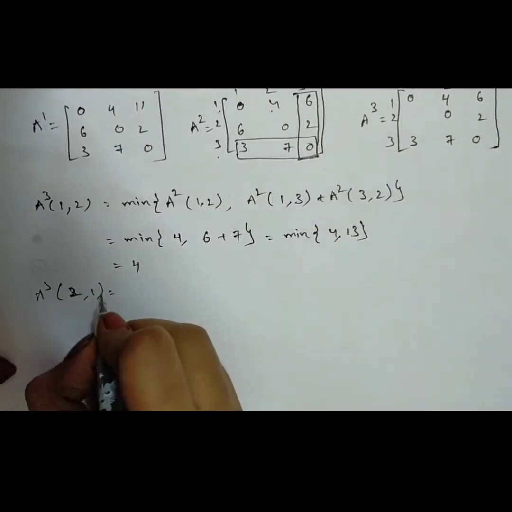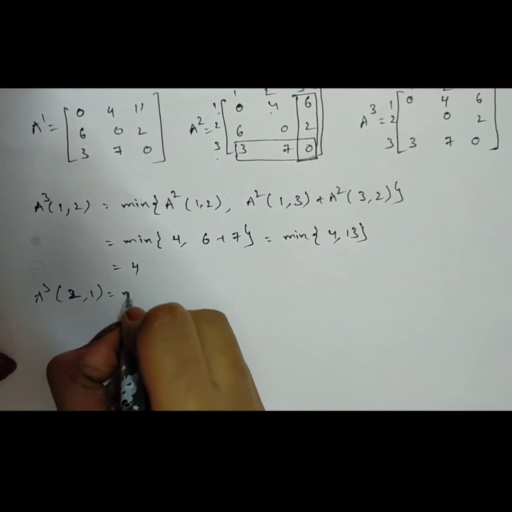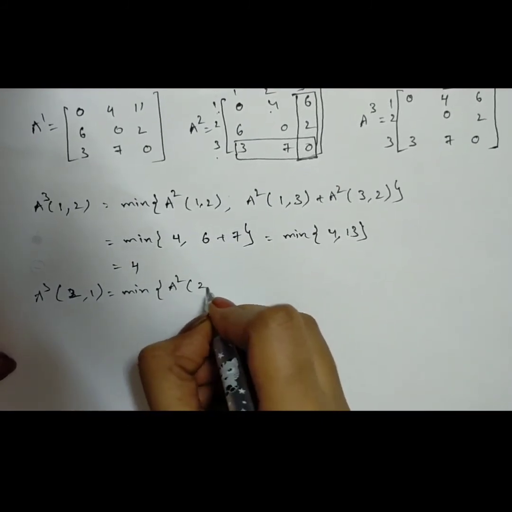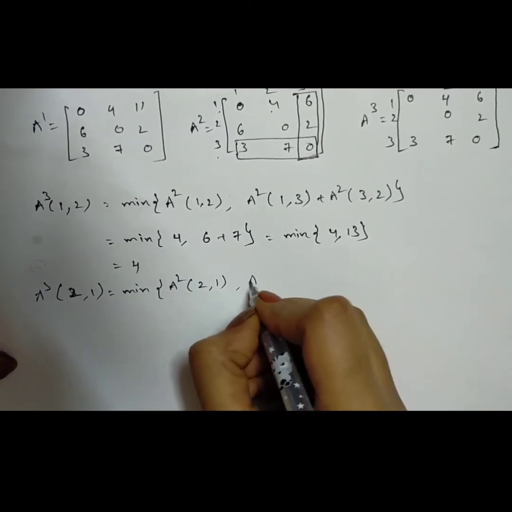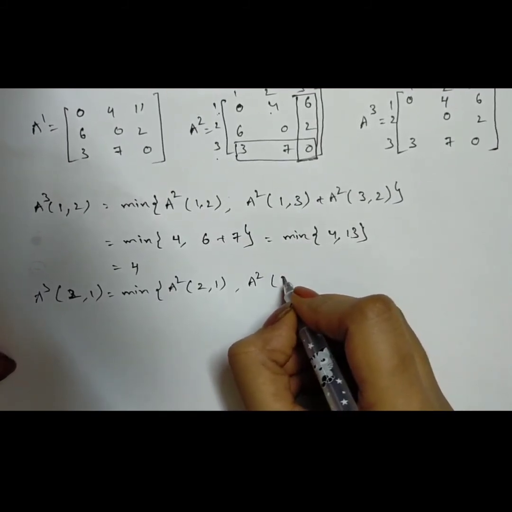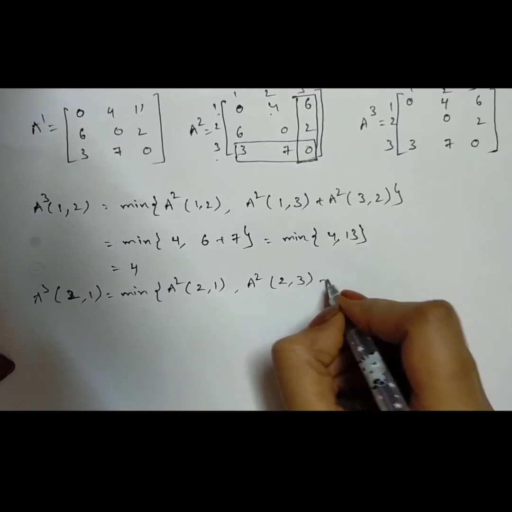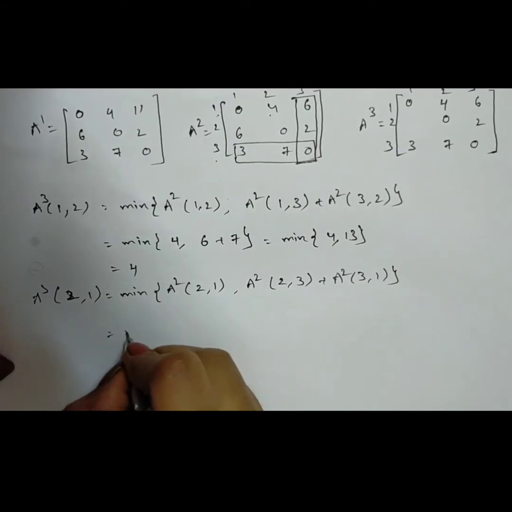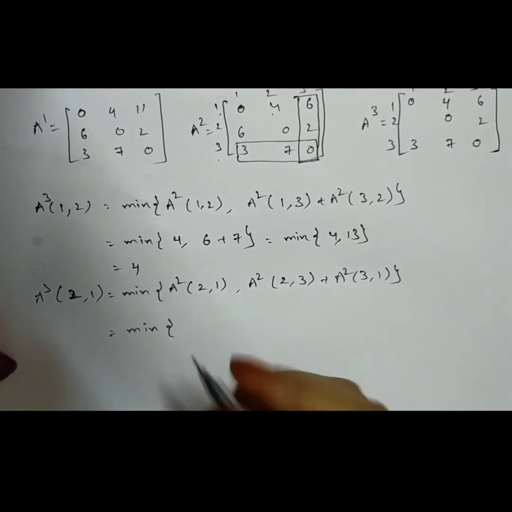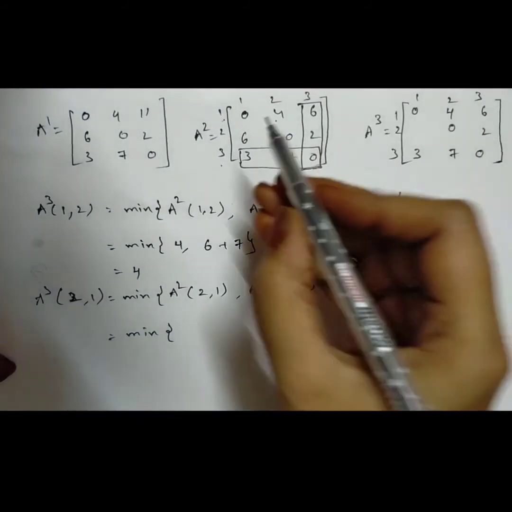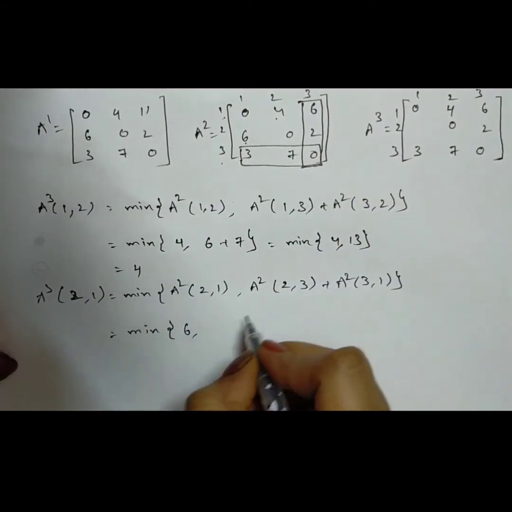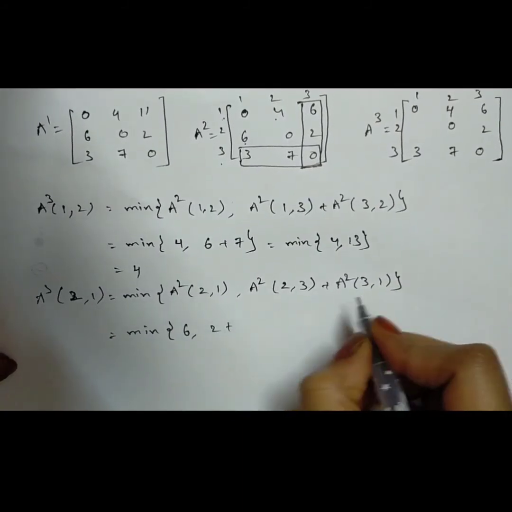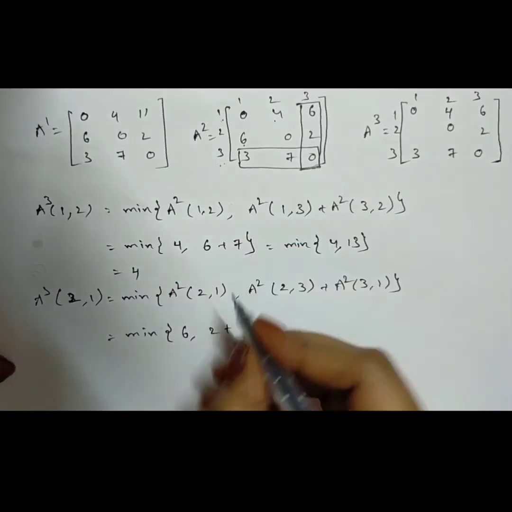Okay, now let us consider the ordered pair a3 of (2, 1): a2 of (2, 1), a2 of (2, 3) plus a2 of (3, 1). See, minimum of a2 of (2, 1) value is 6, comma a2 of (2, 3) value is 2 plus a2 of (3, 1) value is 3.